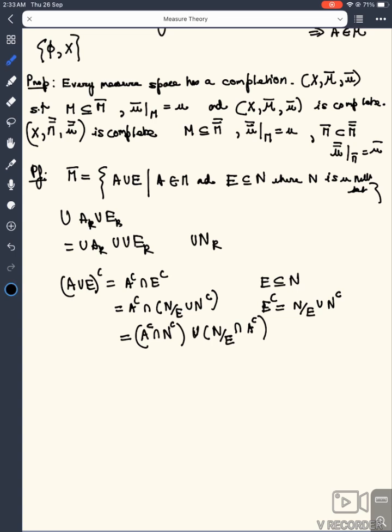This will be the union set, so this belongs to M bar.